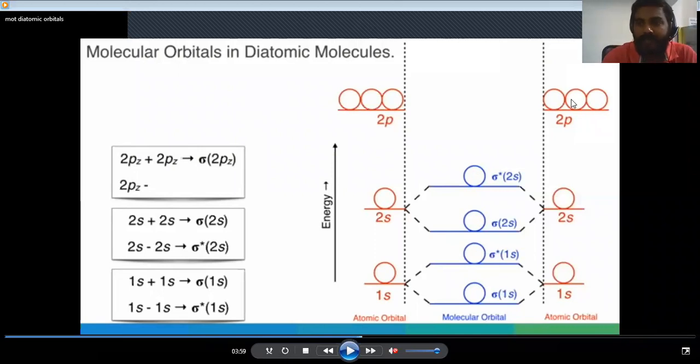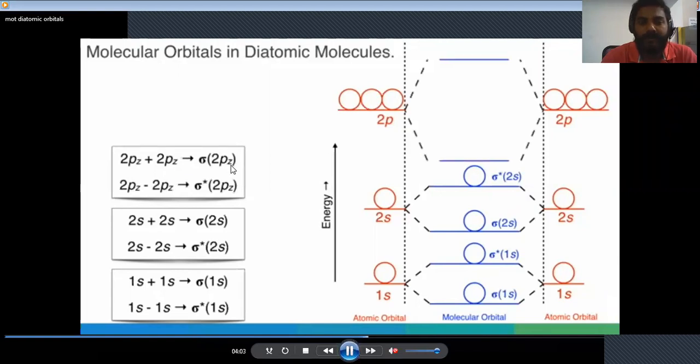How do the electrons participate? 2pz with 2pz gives sigma 2pz, and 2pz minus 2pz gives sigma star 2pz. Others give pi and pi star. One electron from each atom fills the orbital, called sigma 2pz.